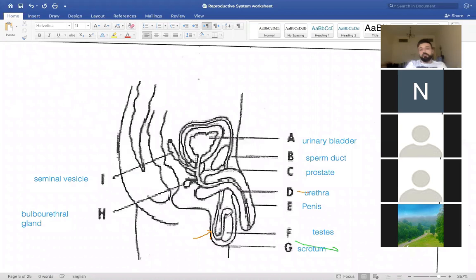I'll color it in red. This region next to the testicle, right here, is the epididymis. The big region, I will color it in green. This region is the testis. So testis in green and epididymis in red.